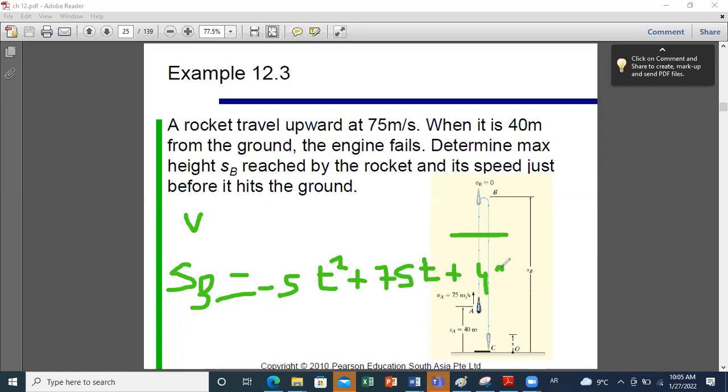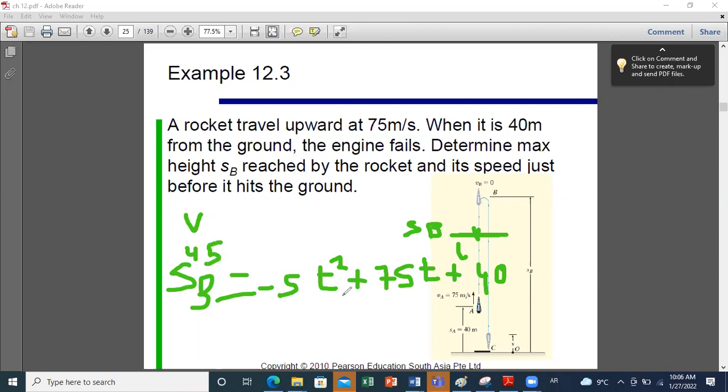If you solve here for what times you will reach a certain position, you will see that you have two times, one corresponding to the upward motion. This is a second degree equation. So if you fix s_B, for example at 45 meters, I need to know at which times my rocket will pass by s_B equal 45 meters.